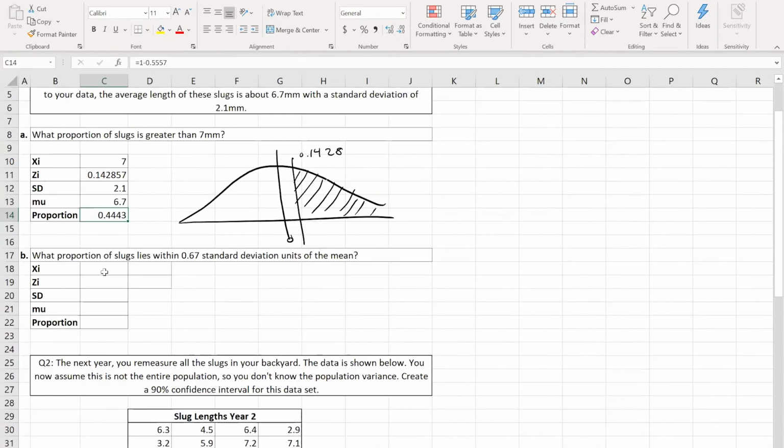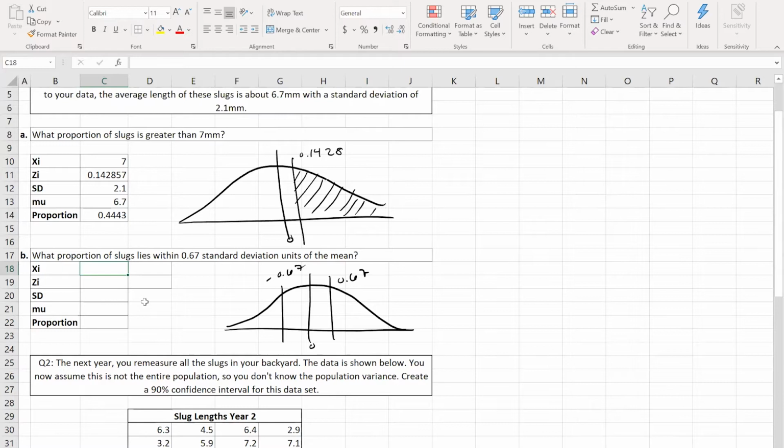For B, what portion of slugs lies within 0.67 standard deviation units of the mean? So the mean is 0. We're looking for between negative and positive 0.67.